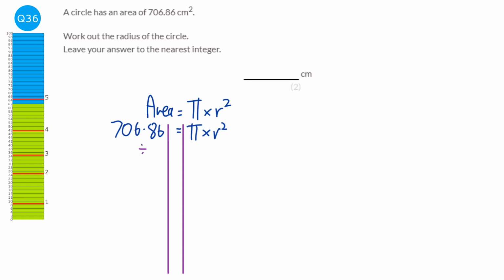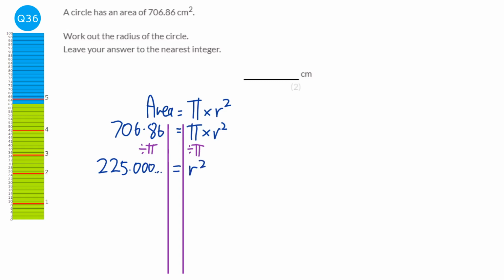So I'm going to divide both sides by pi and get the r squared on its own. So when I divide that by pi, I get 225.000 blah blah blah, very close to 225.